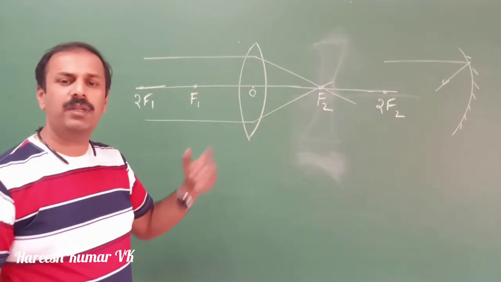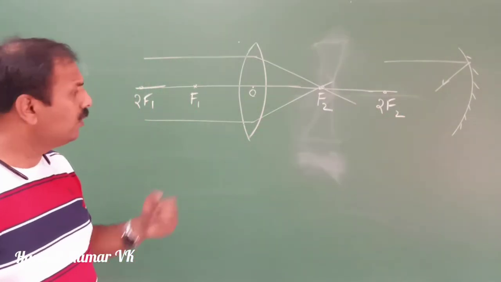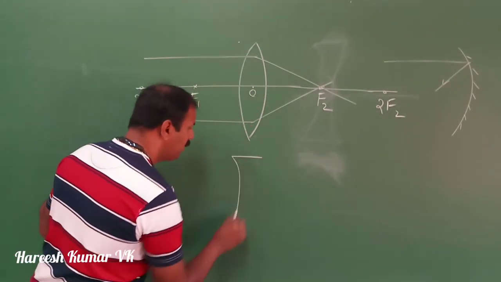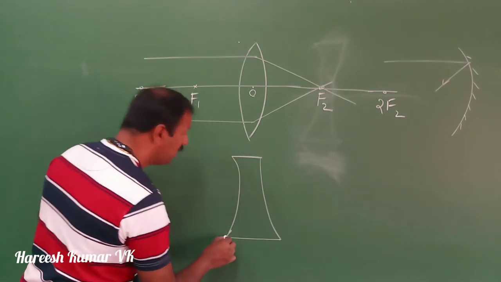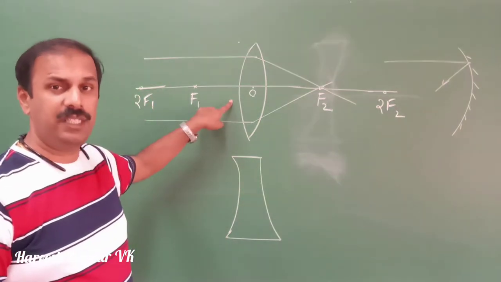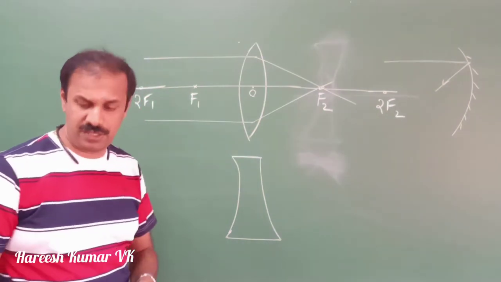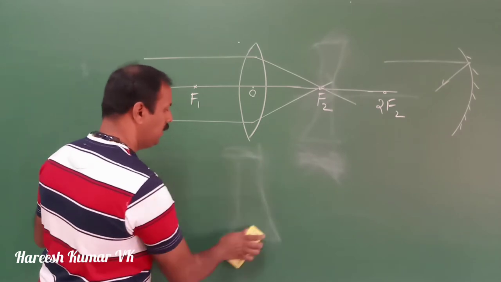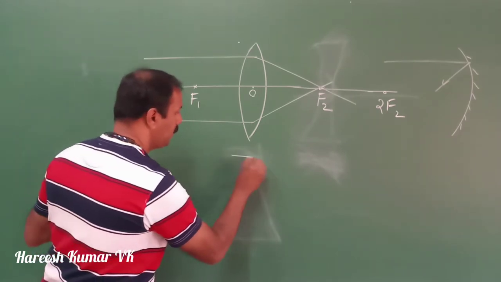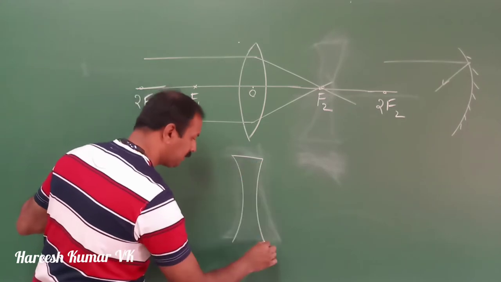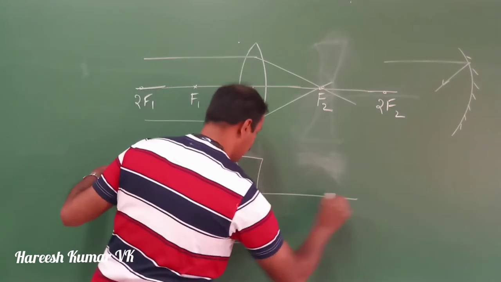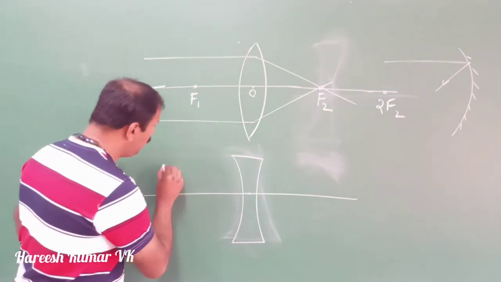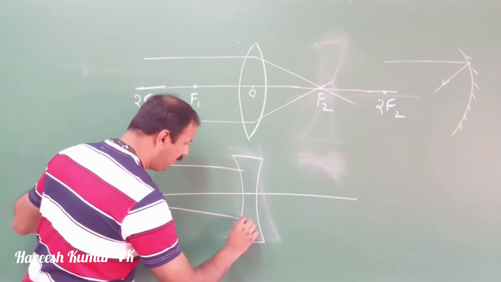Now if you take the same case in the concave lens, how will it be? Here you can see this is a converging lens. So this will be a diverging lens. Okay, so in this diverging lens, here also the ray which is coming parallel to the principal axis, what will happen?